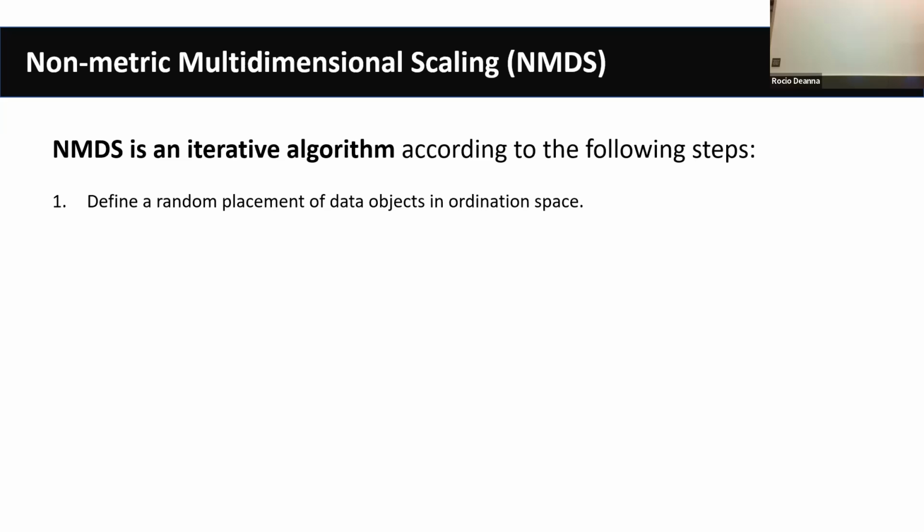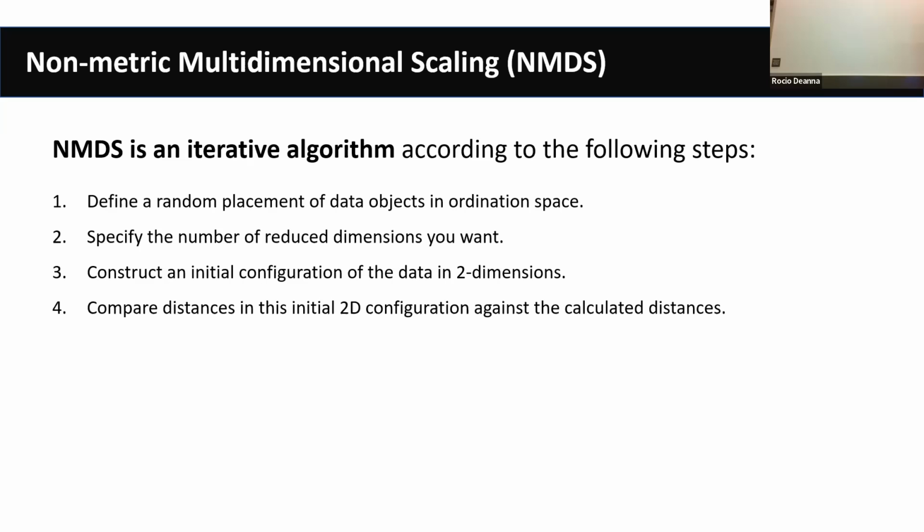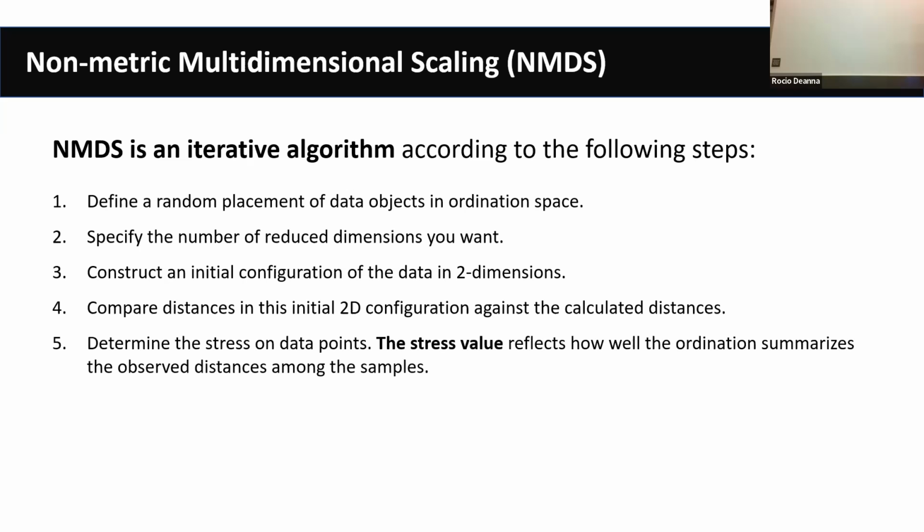So first, define a random placement of the data objects in this ordination space. After it does that, specify the number of reduced dimensions that we're going to use, and construct an initial configuration of the data in 2 dimensions. Then compare the distances of this initial two-dimensional configuration against the calculated distances, and then determine the stress of the data points with that.